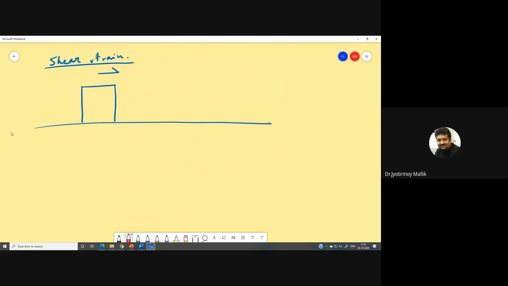So perhaps the bottom side of it is fixed to the surface. After deformation, the shape of the square looks something like this, and say for example this angle is theta. So shear strain will be measured as tan theta. Okay, as simple as that.